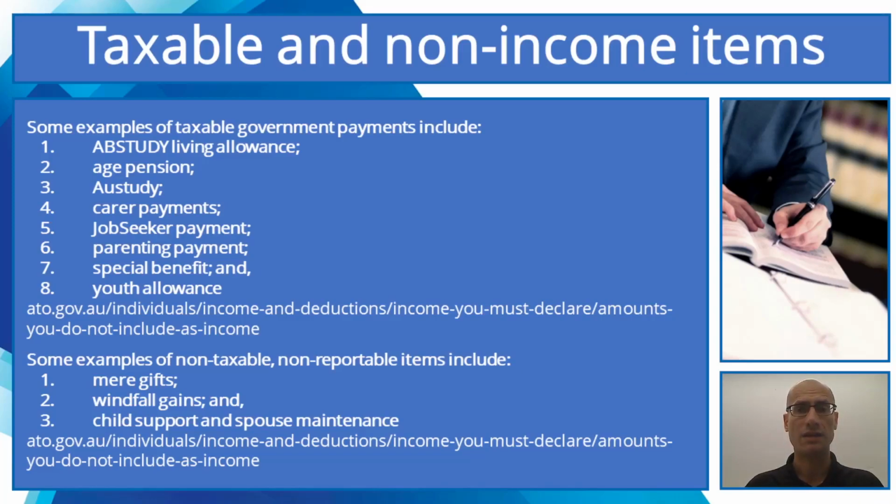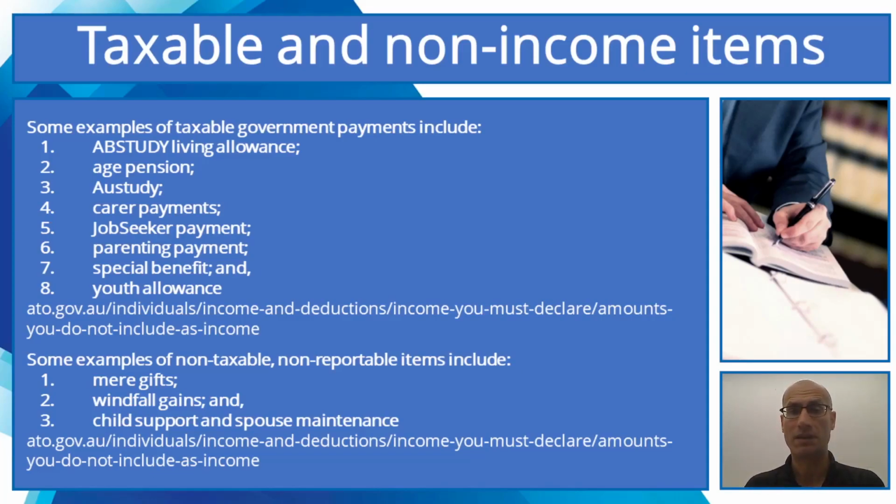So the key thing to note is that under the general law rules, if you are incurring expenditure in order to derive this form of income, by default, you can claim that as a deduction. Now, there are some exceptions to that, which is to do with government payments where you get this form of rebate. Some of these you're allowed this rebate, some of them you're not. So for most government payments of this ilk, they have the rebate, and you will be specifically denied a deduction in regards to those, which we'll get to at a later stage.